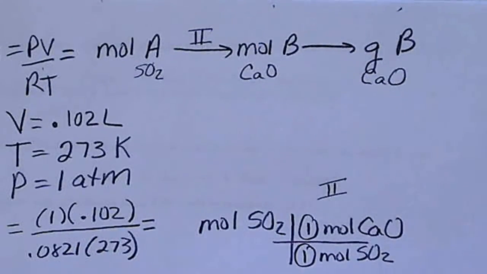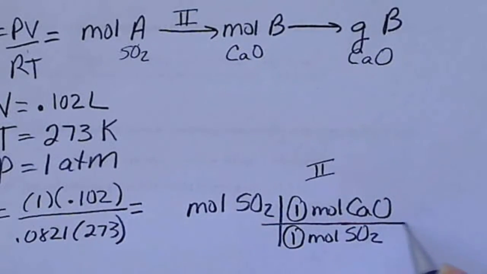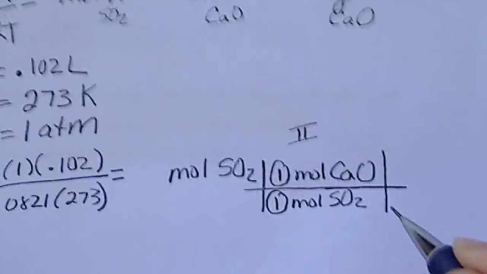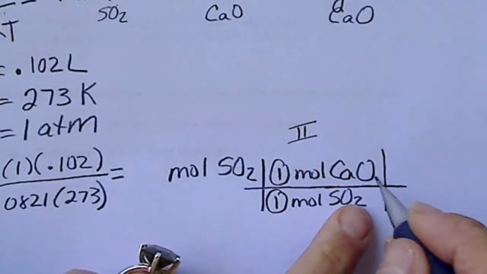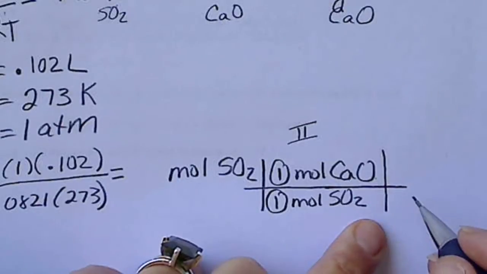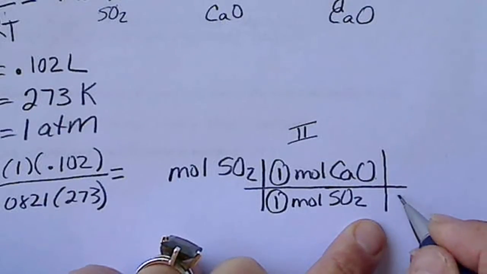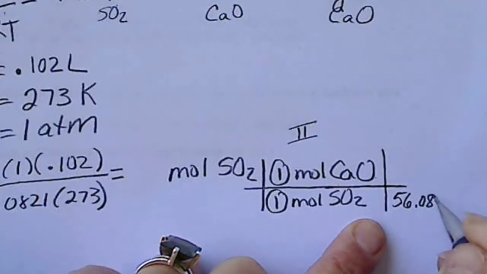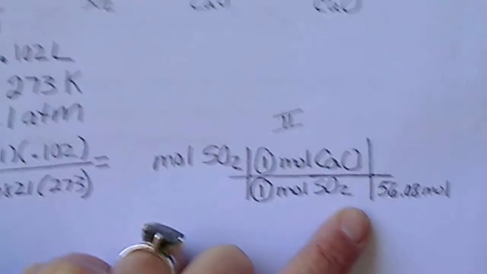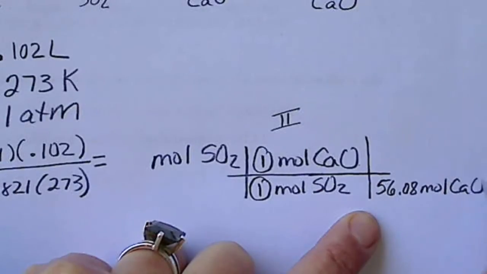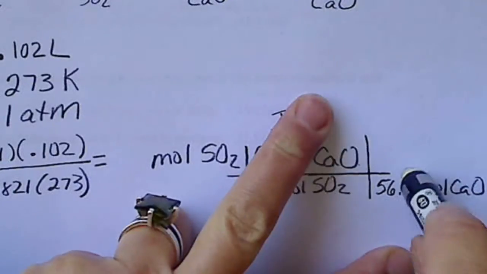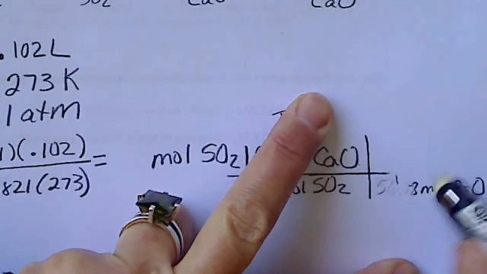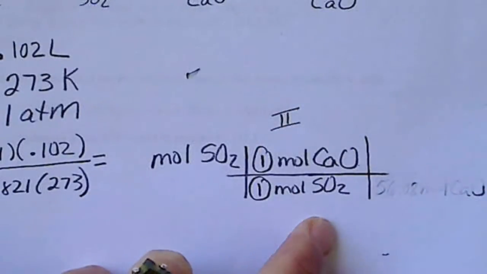So we referred to that as step 2. Then we're going to get out the periodic table and add 1 calcium to 1 oxygen. So 40 plus 16 is 56.08, and that would be moles of CaO. Oops, nope, that 56 is in the wrong place. Remember, that's grams.